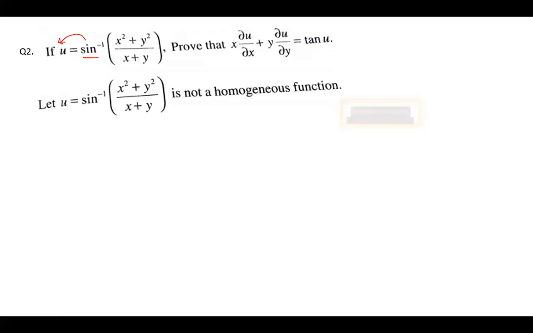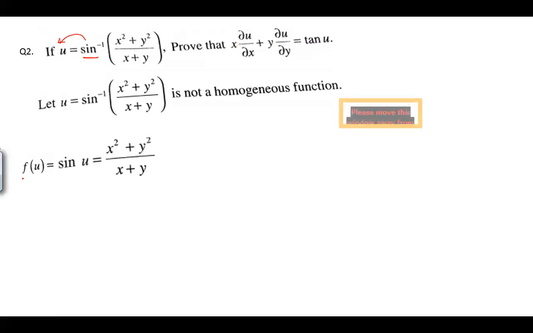Now the first step: we got sine inverse here, and sine inverse is not a homogeneous function. So first we shift the sine inverse to the other side, and we call that f of u. If you shift sine inverse to the LHS, we get sin u is equal to (x² + y²) divided by (x + y).